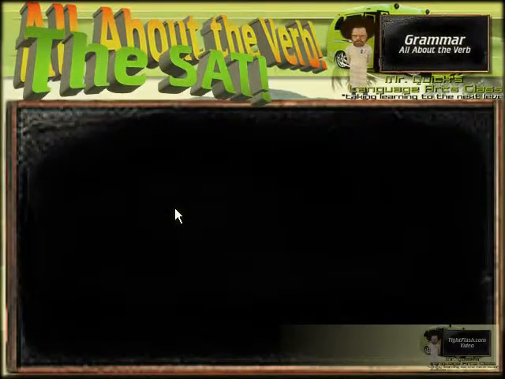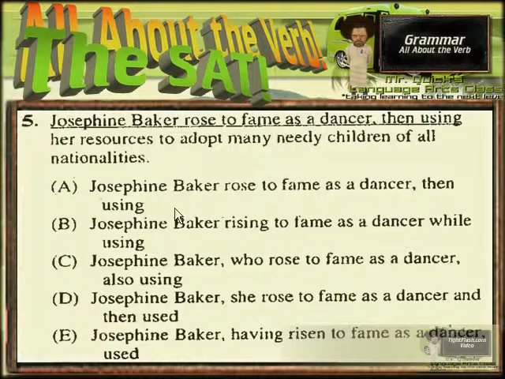Let's look at another one. Josephine Baker rose to fame as a dancer, then using her resources to adopt many needy children of all nationalities. Very interesting. Now we know we got an independent clause here: Josephine Baker rose to fame as a dancer.